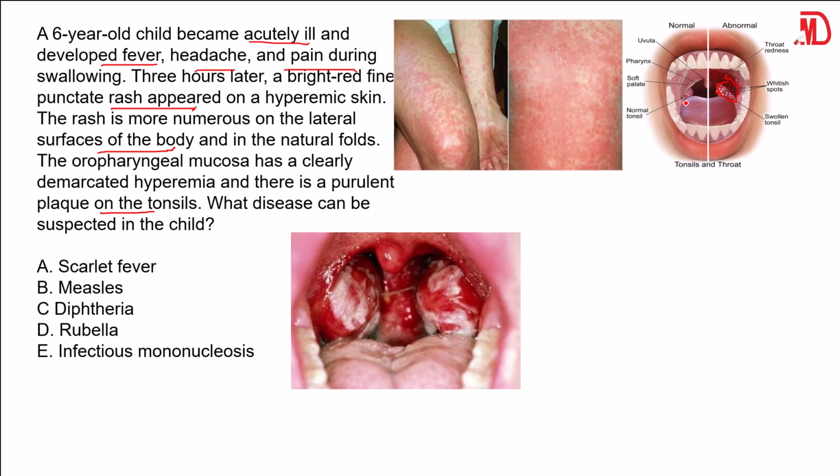It's caused by EBV or Epstein-Barr virus. Now, EBV also has some skin rash, but this rash normally will appear after an exposure to antimicrobials, even though sometimes it can appear even in the absence of antimicrobials.